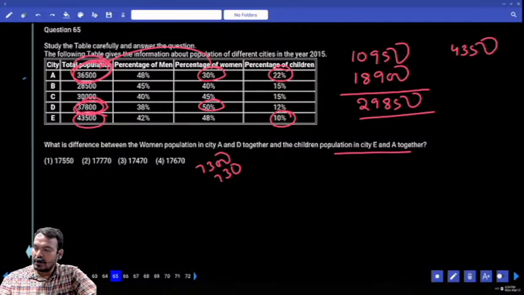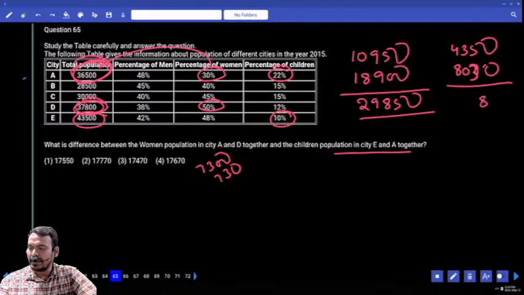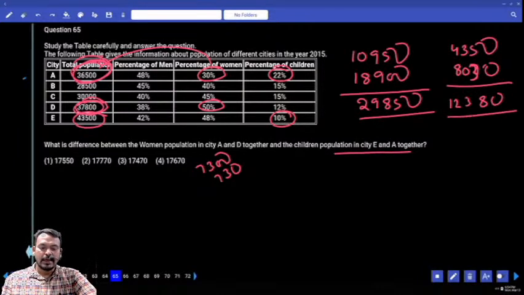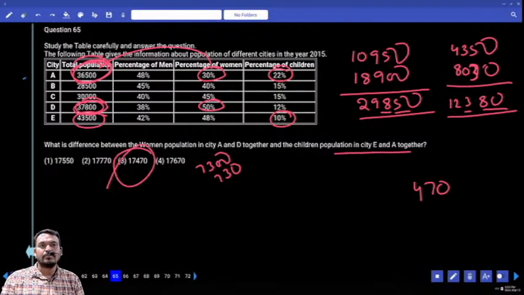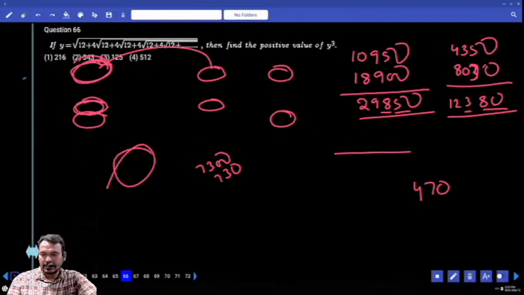Total it is 8030. These two are added, 4350 and 8030, and we get 12380. But do we require difference or sum? Difference. 150 minus 80, ends with 70. Next 7 minus 3, 4, ends with 470. Only one option matches.